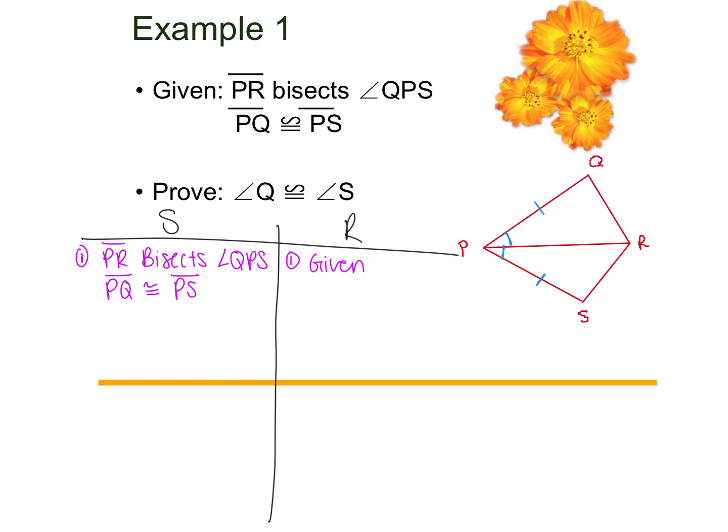PR. Good. So we're going to go to step 2. PR is congruent to PR. And how do I know that? They share a line, but what is that called? Definition of bisector? No, not definition of bisector. Reflexive. Good. Reflexive.